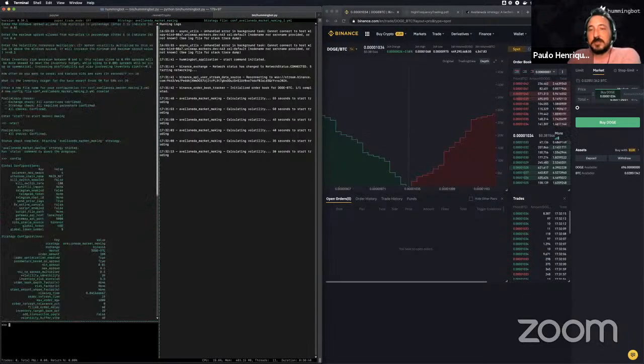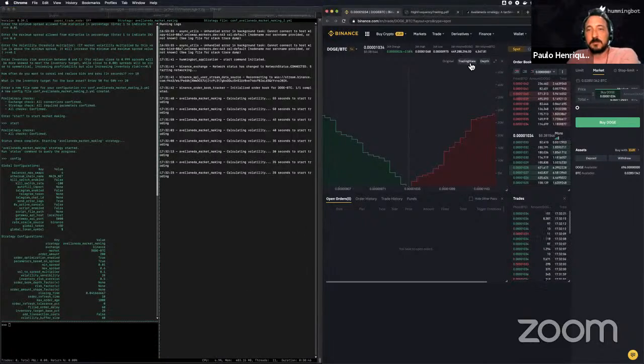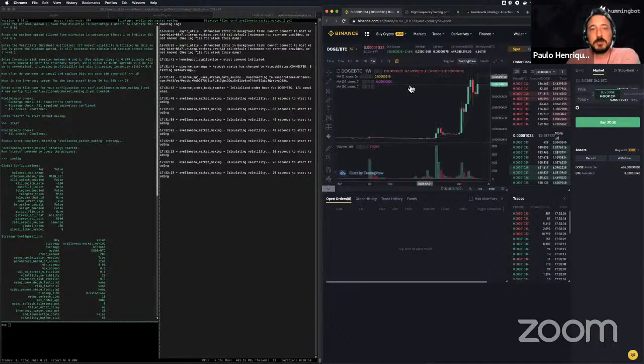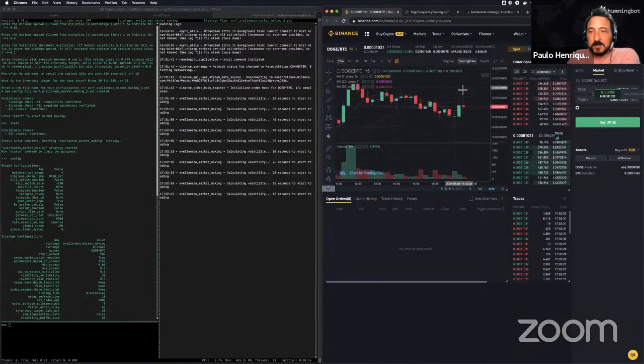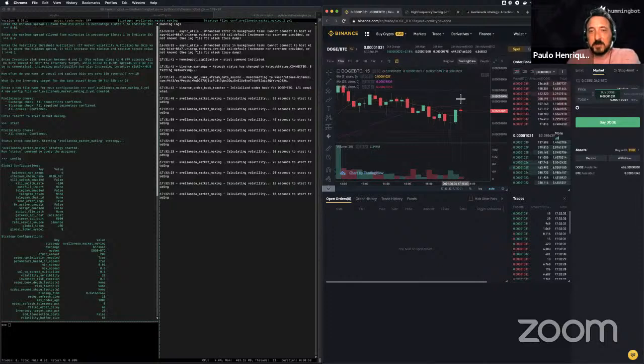Also you can change to the TradingView on the Binance side. Yeah, put it to a smaller time frame, 15 minutes. So in 15 seconds, we start to see the orders appearing on the market.